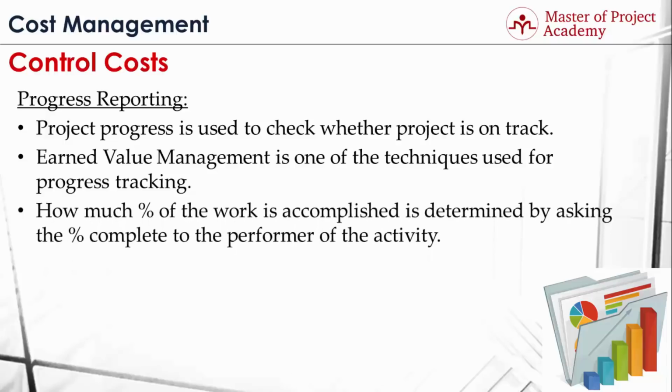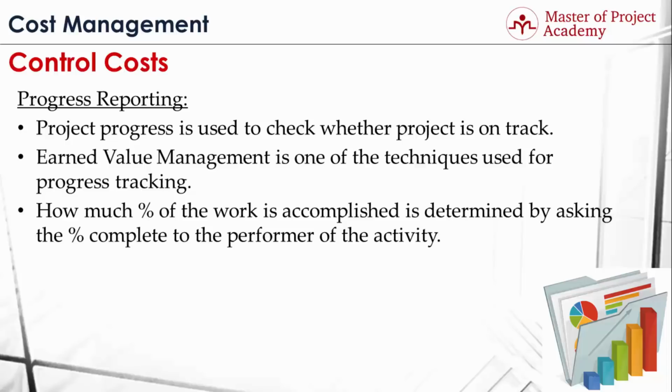How much % of the work is accomplished is determined by asking the % complete to the performer of the activity in projects. For example, during your project progress check, in order to determine the overall completion percentage of the project, you have to ask each resource of your project at what % he or she is in his or her task, because this % complete of each task constitutes the overall % complete of the project.